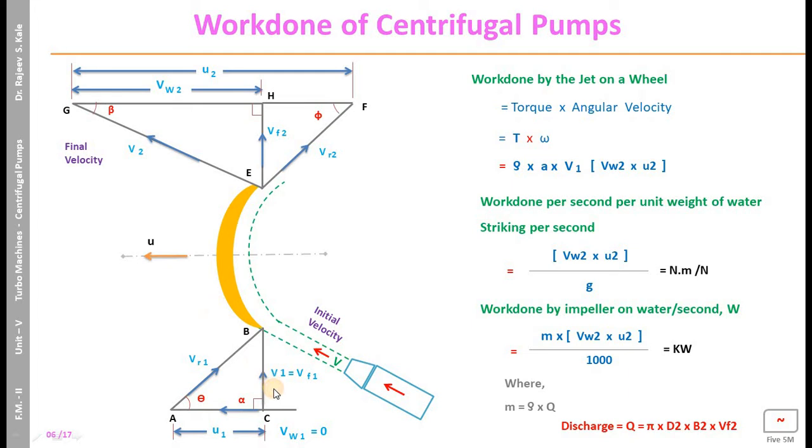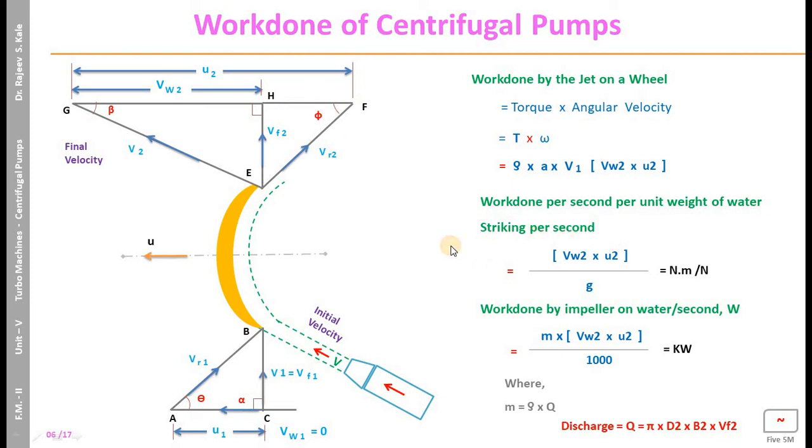So by drawing the velocity triangles at inlet and outlet, one can estimate the work done in case of a centrifugal pump. Now as fluid is rotating by external torque, in this case work done is estimated based on the torque multiplied by the angular velocity, where torque is rho a v1, angular velocity is vw2 into u2.